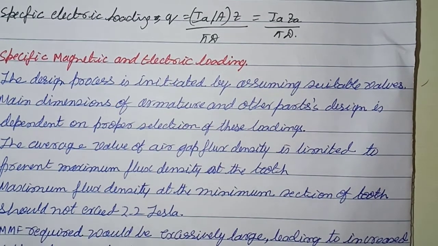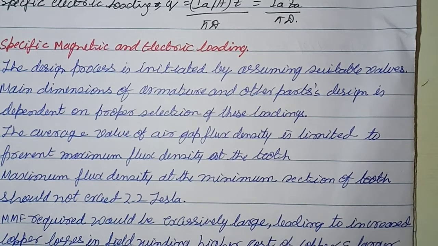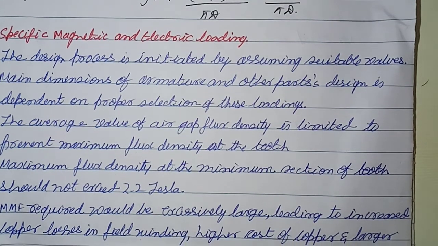So what happens if we exceed the value? If I want more flux density, which is flux per area, I will have to have more flux. MMF is flux into reluctance, so if I want more flux, the MMF required would be very large. This will lead to increased copper losses in the field winding. Why the field winding? It is the one responsible for producing the required flux.